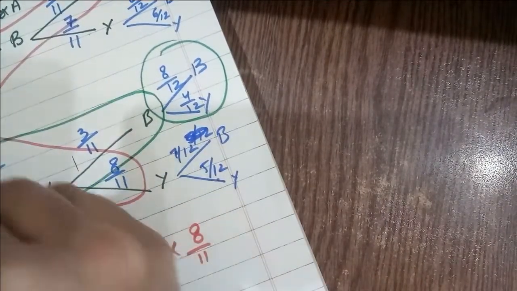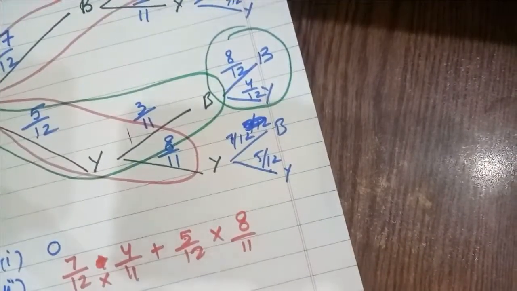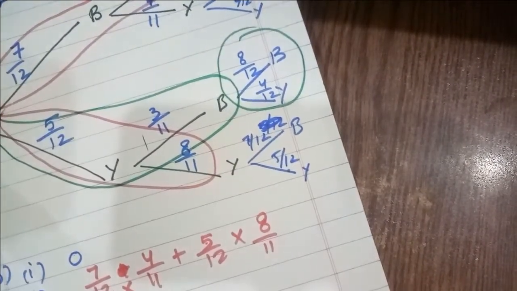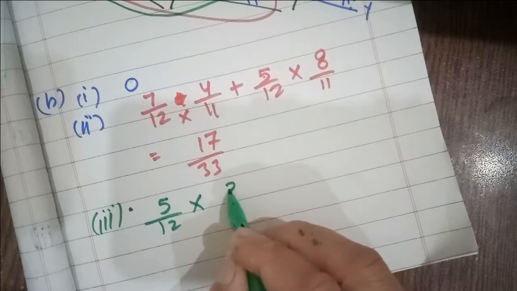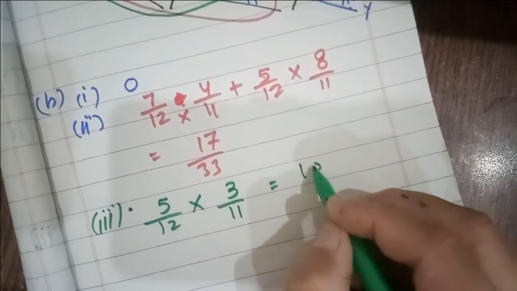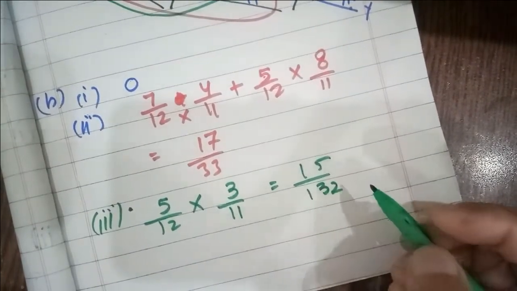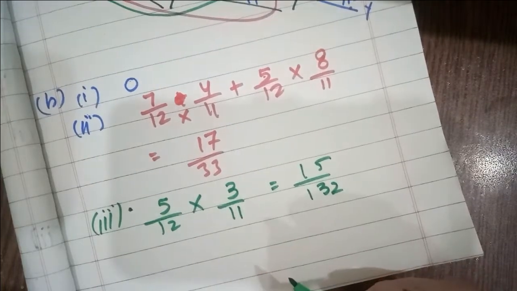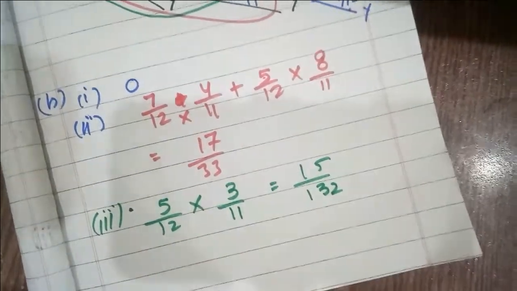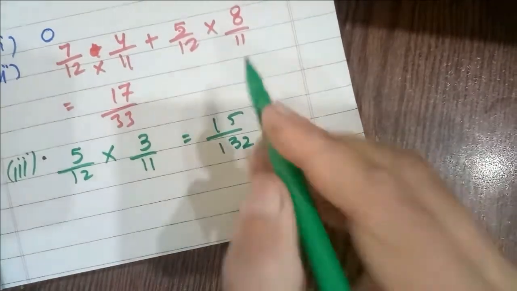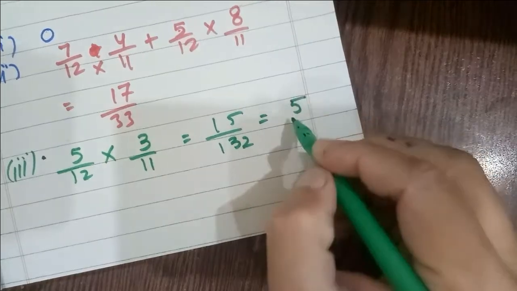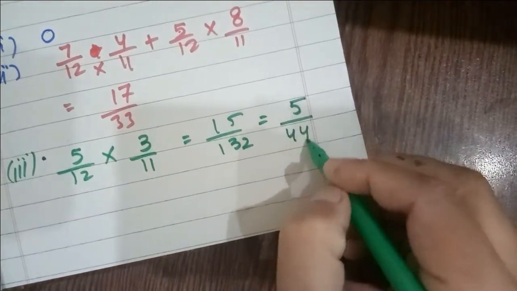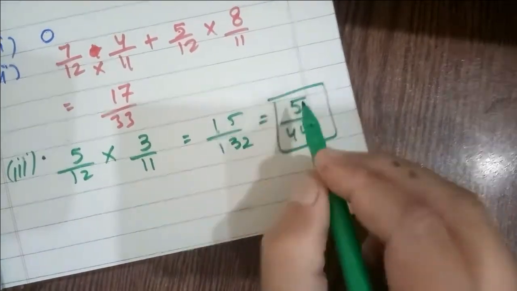So for the third part, the answer will be 5/12 multiplied by 3/11. So we get 15/132, since 3 times 5 is 15 and 12 times 11 is 132. So this is your answer.